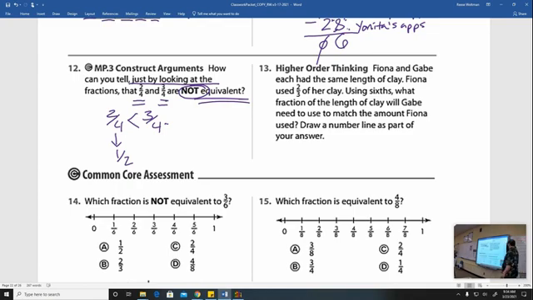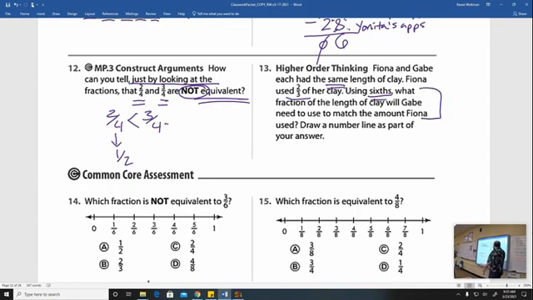I hope so. Okay. Fiona and Gabe each had the same length of clay. Fiona used 2/3 of her clay, using 6. Now, when they say 6, guys, what do they mean? Using 6, what fraction of the length of clay will Gabe need to use to match the amount Fiona used?